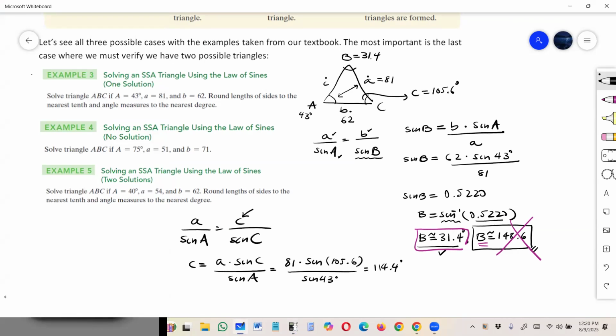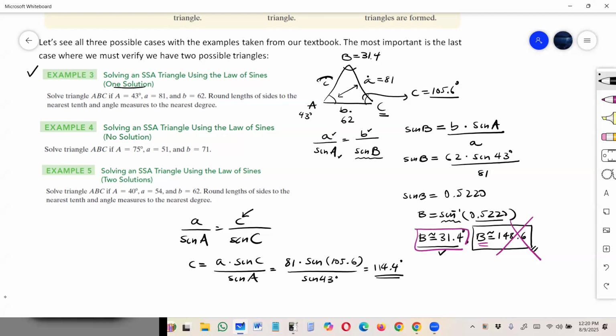Now you have to check that the largest angle has to be opposite the largest side. So C is obviously the largest angle, and my side C better be the largest side, which it is at 114.4, which is bigger than A, which is bigger than small b. All right, so we found all of the angles, we found all of the sides, and we are done with this problem. So this is the one solution case.